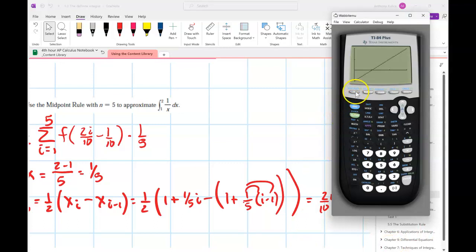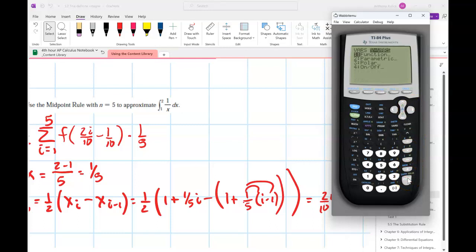So for y1, I'm going to put in 1 over x. And then I'm going to have my delta x times, and then math. Go down and pick the summation command. That's command 0 on my calculator. And in place of i, I'm going to use x's. So i equals 1 to 5 of, and instead of f, we're using y1.